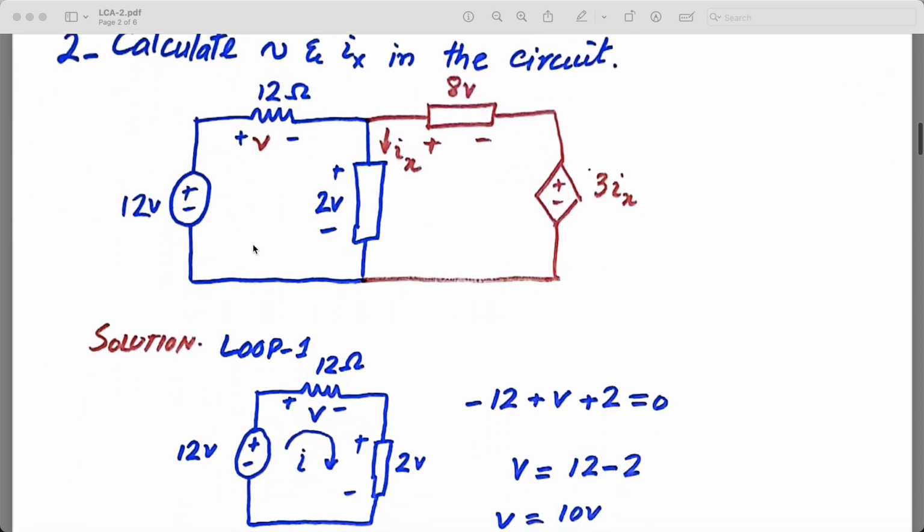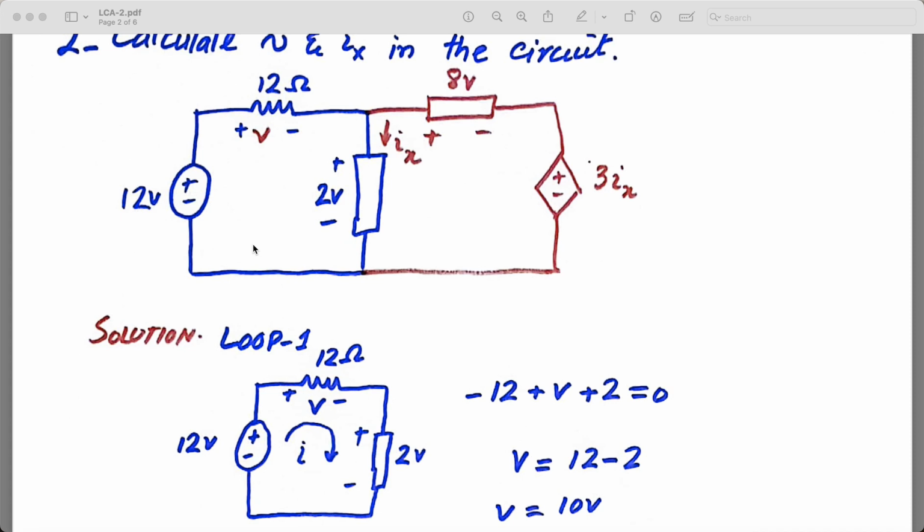First, we need to consider loop 1 for the solution. Loop 1 consists of three components: the voltage source, the 12 ohm resistor, and this component which has 2 volt. If you apply current passing through this component in a clockwise direction, then you can use Kirchhoff voltage law in this loop.